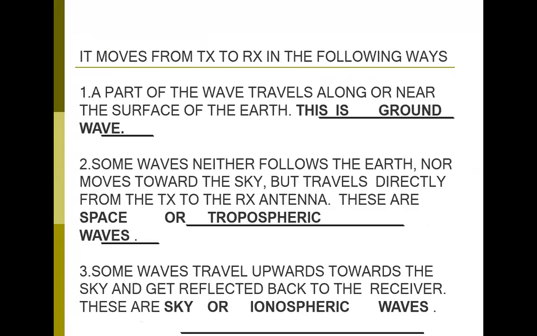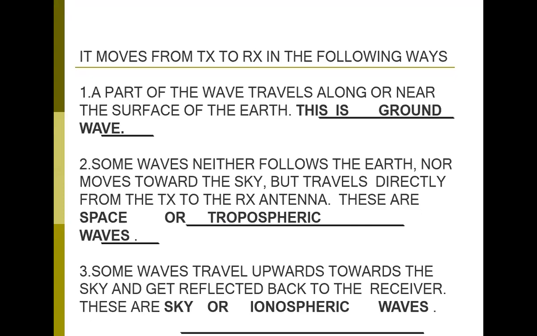A wave that neither follows the Earth nor moves towards the sky, but is in between, is said to be a space or tropospheric wave. And the one at extremely high distance, that is the sky or ionospheric wave, travels towards the sky and gets reflected back to the receiver.